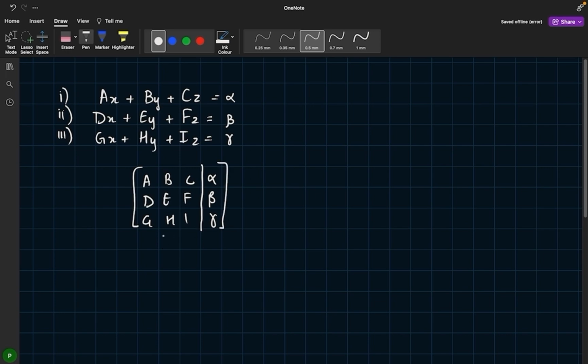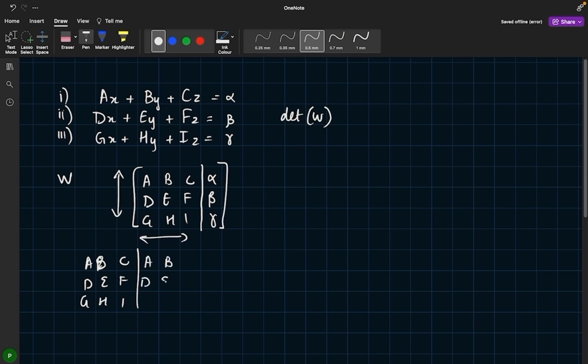And of course, you're going to find the determinant of this 3 by 3 matrix, let's say W. See, this is why it gets tedious, and that's why I showed you the shortcut method of finding the determinant of W, which is, you write it down, A, B, C, D, E, F, G, H, I. Write the first 2 columns, A, B, D, E, G, H. Multiply across, add.